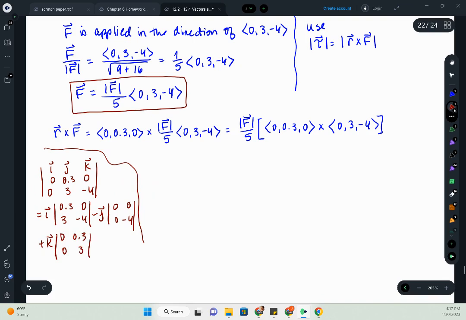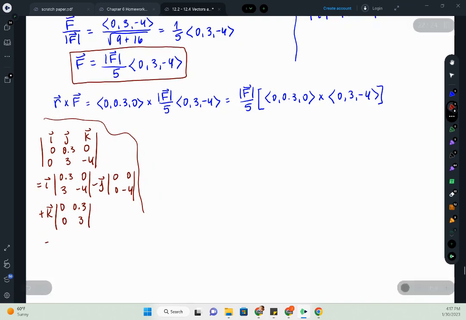That one's also going to 0. So I end up with negative 1.2 j hat, sorry, that's not a j hat, that should be an i hat. So this can also be written as negative 1.2, 0, 0. That is my cross product.